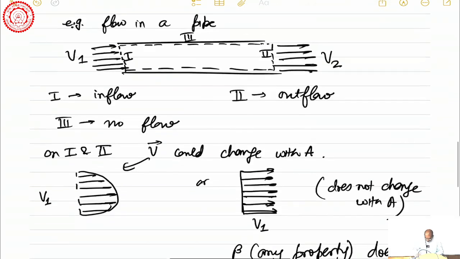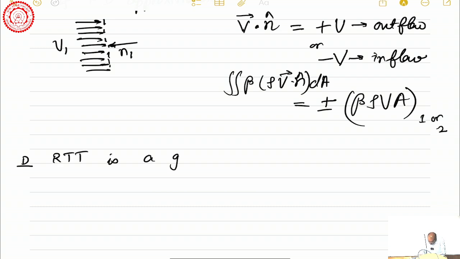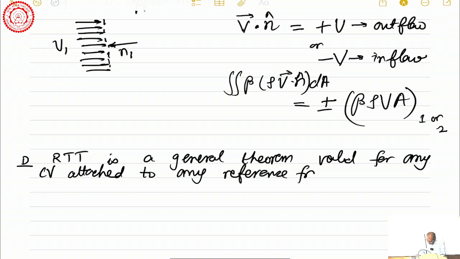And the fourth observation which I have to make about the Reynolds transport theorem is that it is a general theorem valid for any control volume attached to any reference frame, inertial or non-inertial.